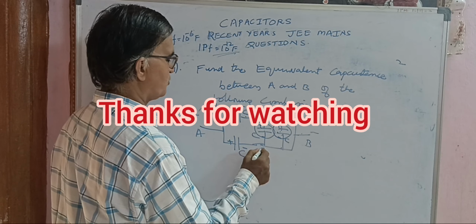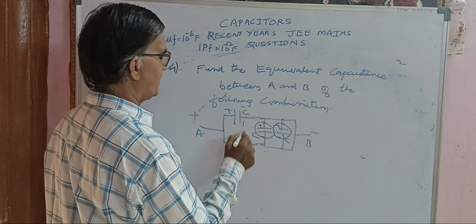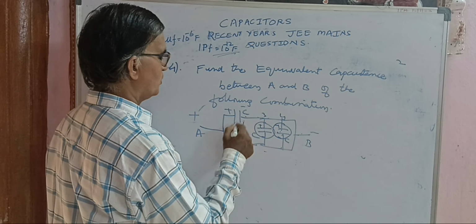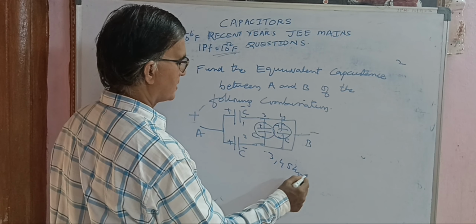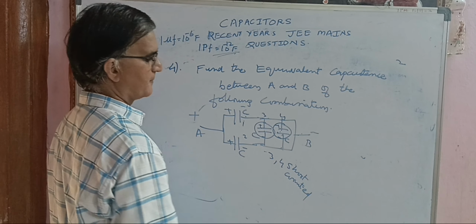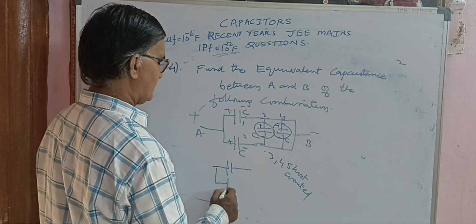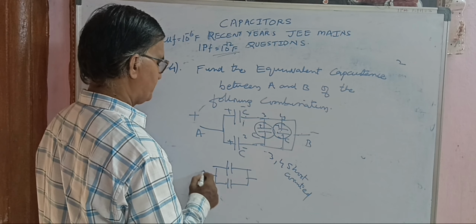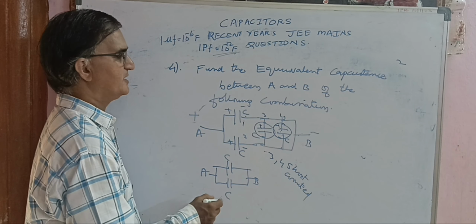That is, suppose you take 2 and 3. This first combination, we take 1, 2, 3, 4. 1, 2 will be there. 3 and 4 are short circuited. So this you have to neglect. Then in that case, what is the effective capacitance between A and B? These two are parallel, no?